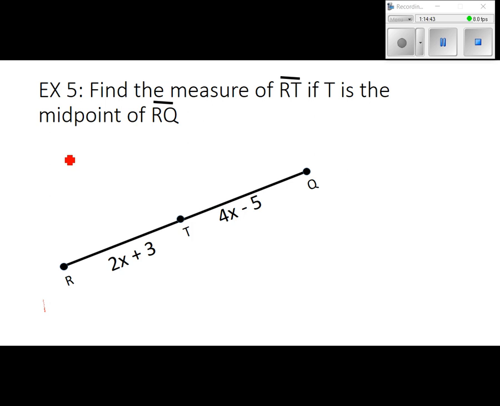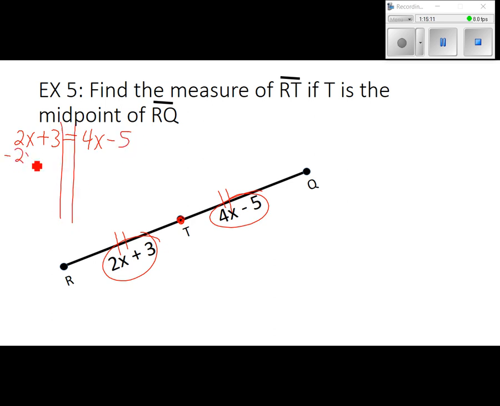Find the measure of segment RT if T is the midpoint of segment RQ. We know T is the midpoint, so these two segments have to be congruent. We set up an equation: this part has to equal that part. So 2x plus 3 has to equal 4x minus 5. Subtract 2x on both sides.